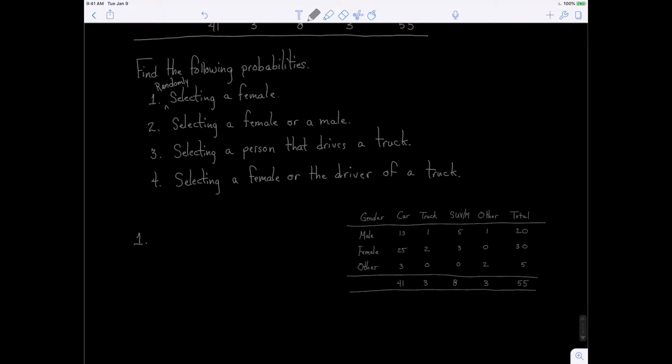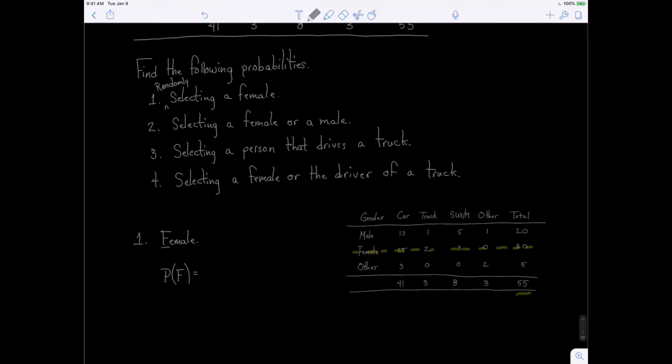We're going to write it this way. We're going to let F represent a female. And so we would say the probability of selecting a female. Well, notice that if we look in the female row, we have 30 females out of 55 total people.